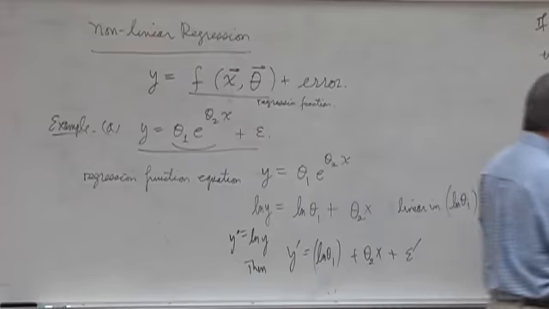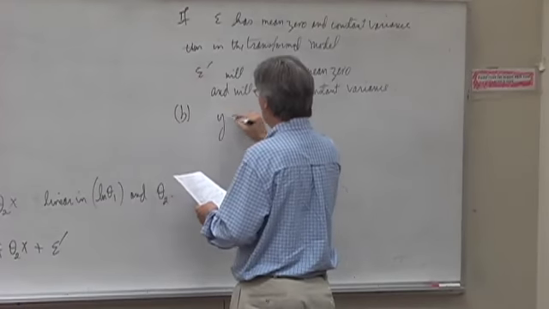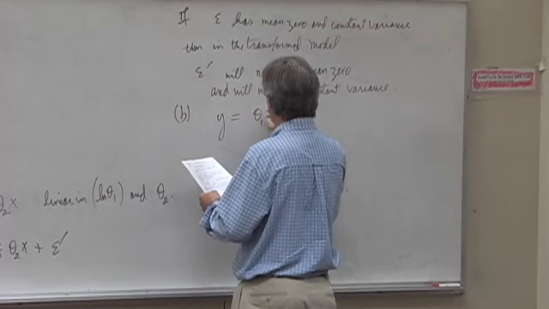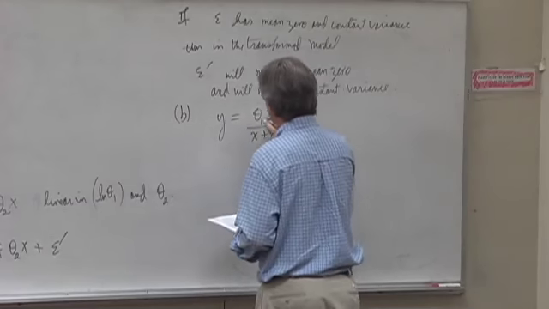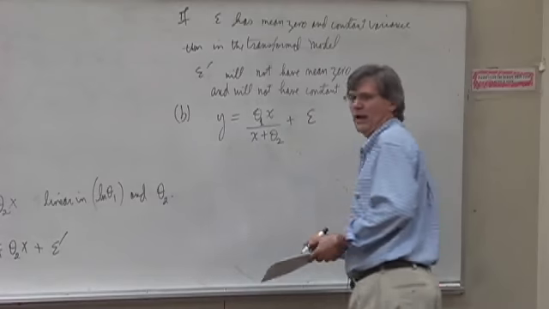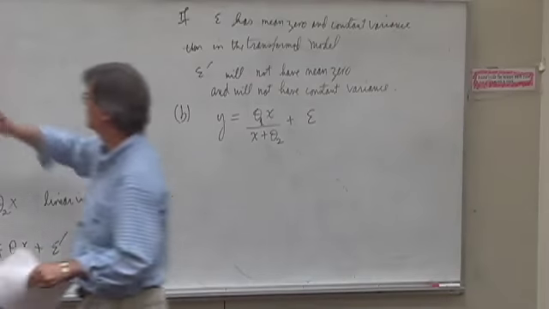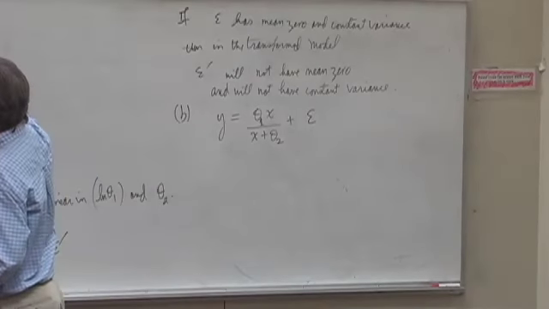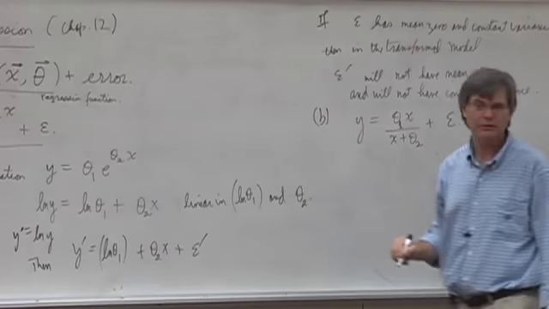What's another example? B. Same kind of thing going on. y equals theta 1 x over x plus theta 2. The author is going to introduce this regression function in one of the examples in the chapter, nonlinear regression. This is chapter 12. It's not really a difficult chapter. That's why I'm going to do it, but I think it's very interesting.